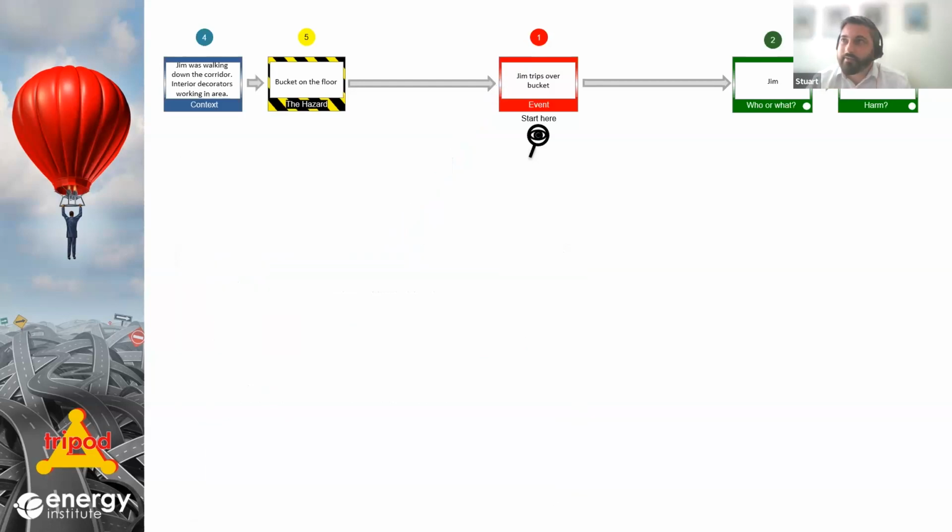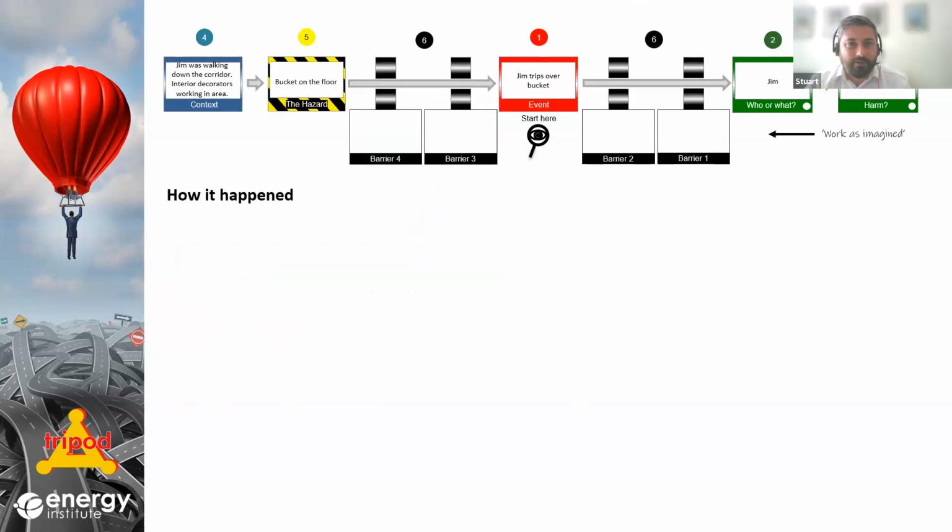Once we have our simple description of what happened, we then look at how it happened. In Tripod, this essentially means the barriers, or the failed barriers if we're looking at an incident. Some of them could be failed, but some of them could actually be effective barriers if we're looking at a potential incident, a near miss that didn't happen, that was caught at the last minute, for example.